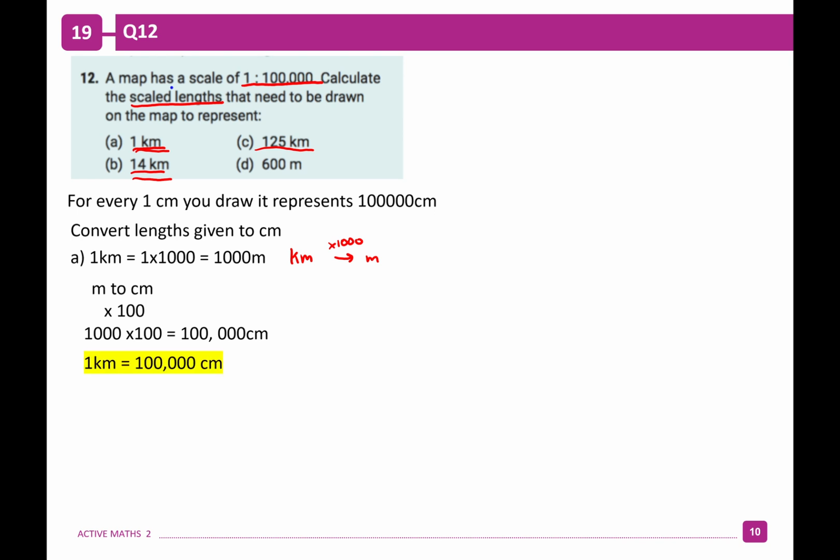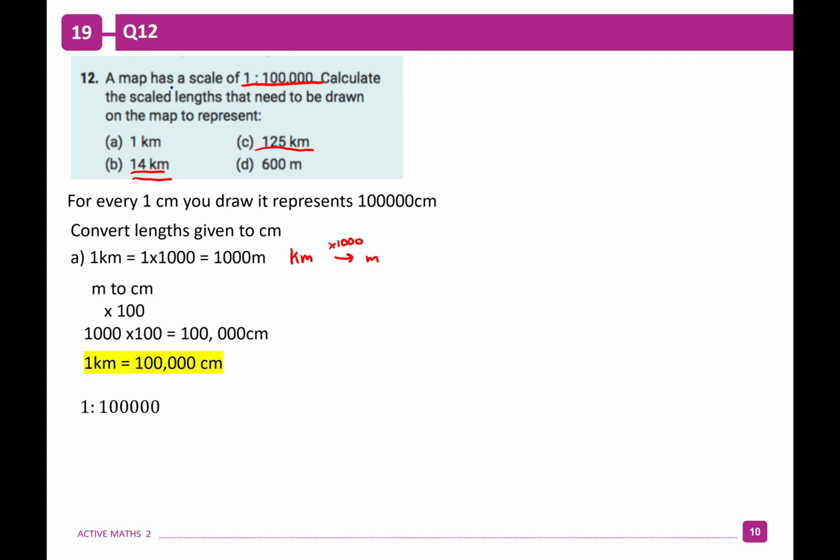This means that 1 kilometer is equal to 100,000 centimeters. Okay, so we now need to see what is the scaled length that needs to be drawn to represent 100,000 centimeters.